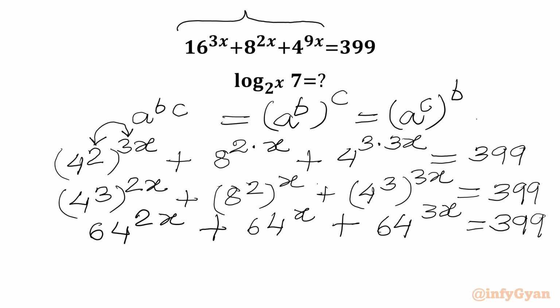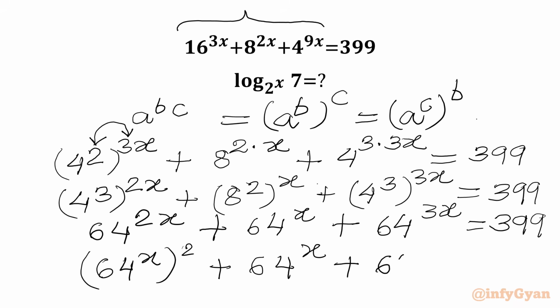Again we can use power rule and write 64 power x whole square plus 64 power x plus 64 power x whole cube equal to 399. Now our substitution is easy. It is 64 power x.